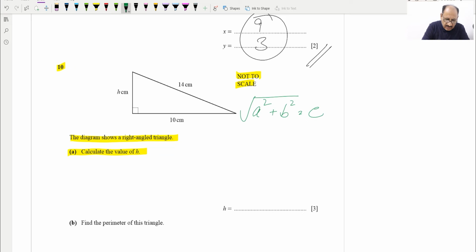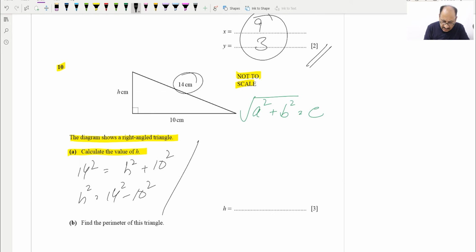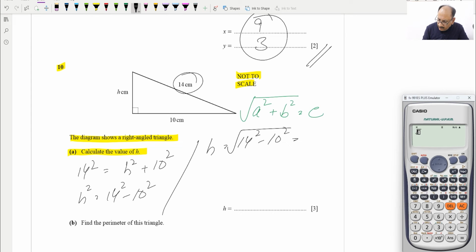Now we can write 14 square, this side square, is equal to the sum of the two other sides' squares, h square plus 10 square. So h square will be equal to 14 square minus 10 square, and h is the square root of 14 square minus 10 square, which is 4 root 6, which we can write as 9.797 or 9.8.